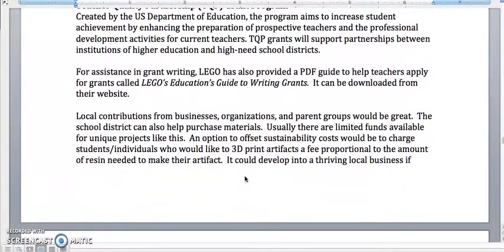And I also stated that LEGO has an education's guide to grant writing. And so it's a nice way to be able to write grants to be able to get money for the projects here that we're going to do. It would be great to have businesses and organizations contribute as well, but seeing that it would be part of the regular school, I probably wouldn't ask too many people or businesses to contribute, but they could if they would like to.